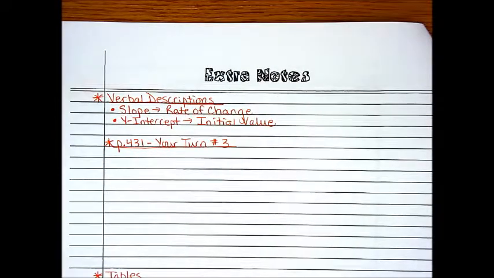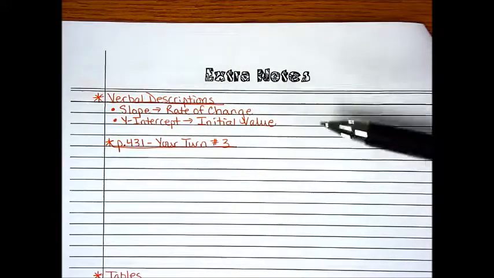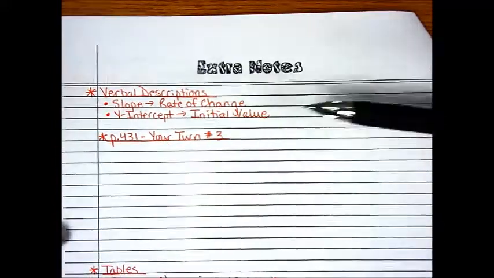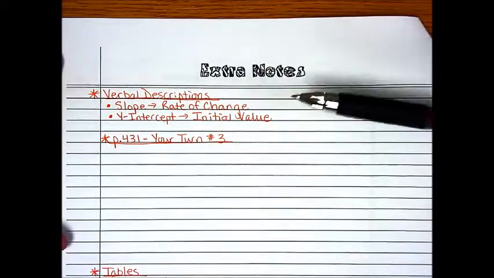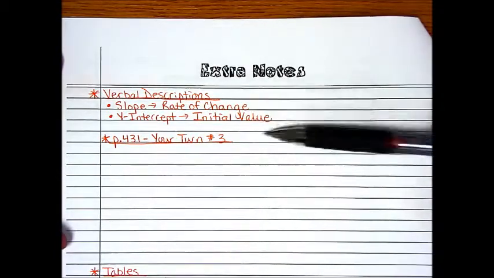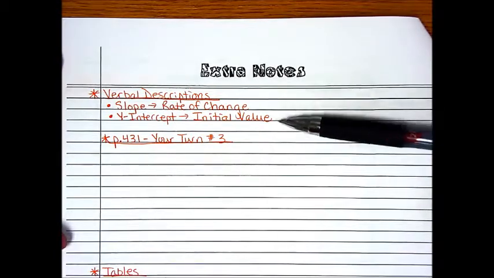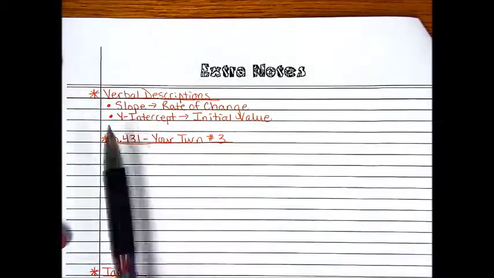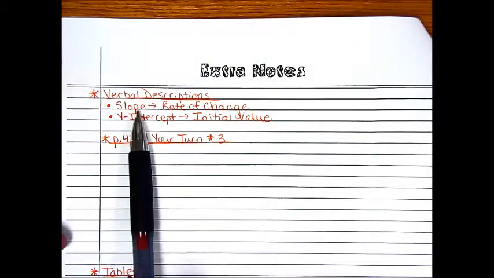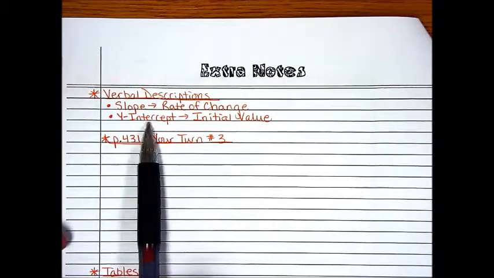What I'm going to remind you about is that if you are going to be given a verbal description of a system, they're going to talk to you somewhere within that problem about rate of change and initial value. They are not going to come right out and say, hey, here's the slope of this equation and here's the y-intercept of this equation.